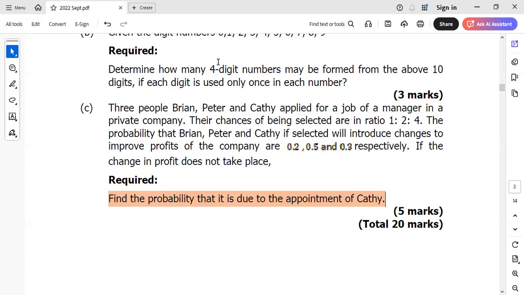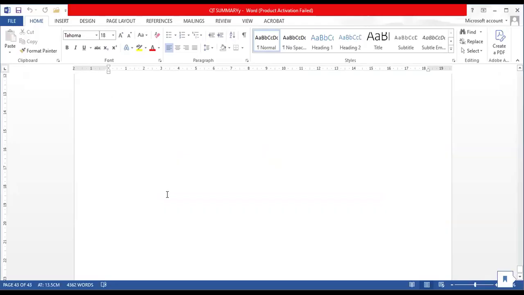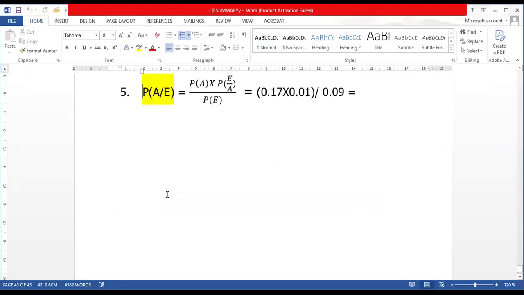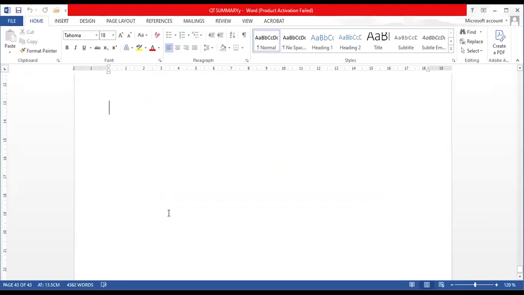So first of all, when you look at your step one, basing on what we had discussed from the other question, this is September 2022, Question 2 part C.